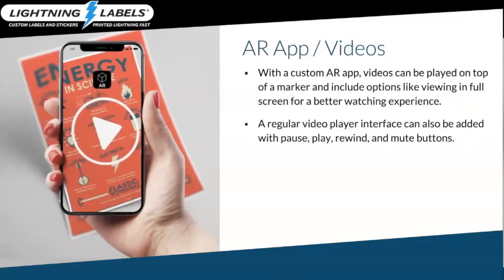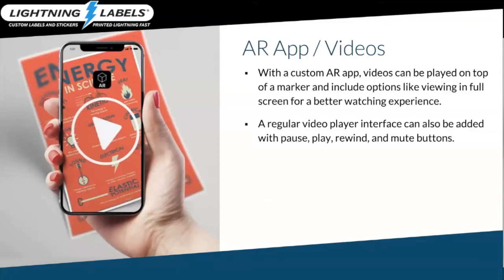So let's talk a little bit about this information and what you can do with it. One of the easiest things that we do, and one of the most common things that we do with our QR codes and augmented reality, is we put videos in them. And videos are a great way of communicating further information on whatever product that label is on.